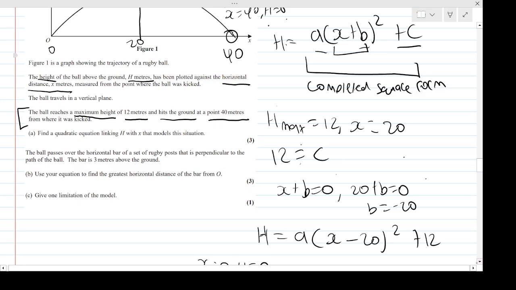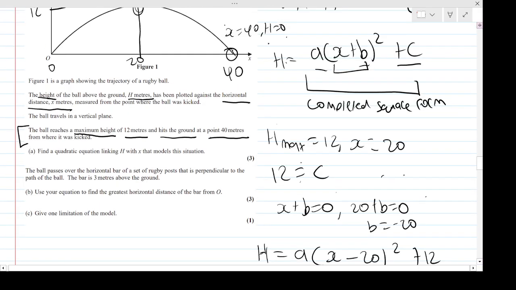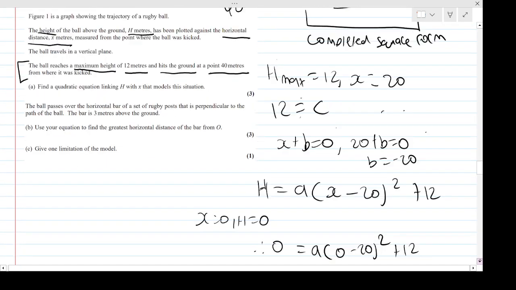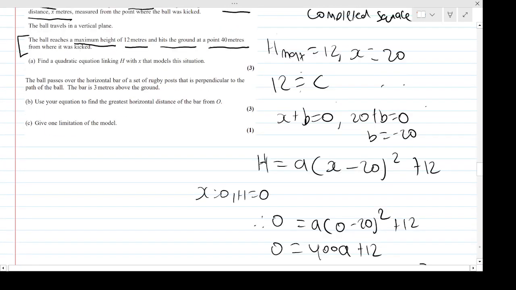Now, actually, we've kind of done it there. We've found a quadratic equation linking h with x. I guess it depends how pedantic they could be. They might want it to look like this form instead, not the completed square form. But we can quickly do that, and it will help in part B because we will need to solve an equation. Let's just do it.